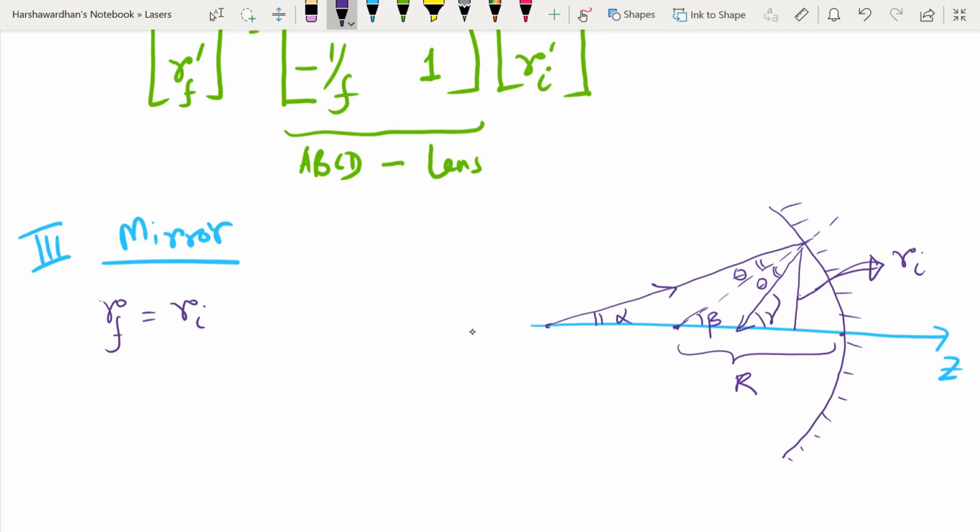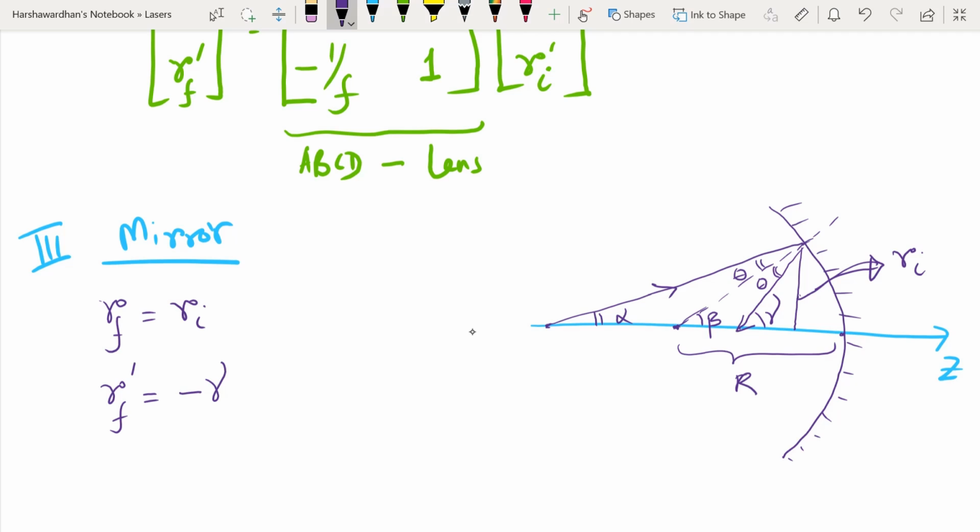So now you see, if I'm looking at Rf prime in my setup, this angle is precisely minus gamma, right? This is my Rf prime.